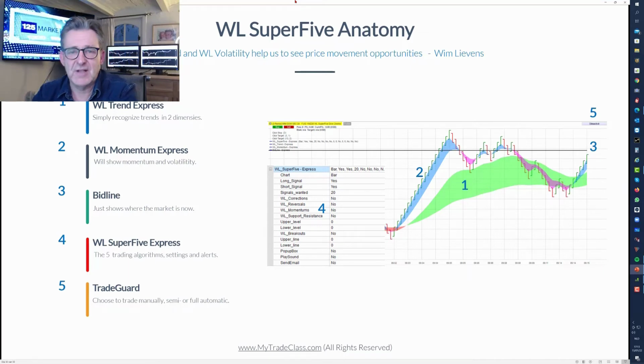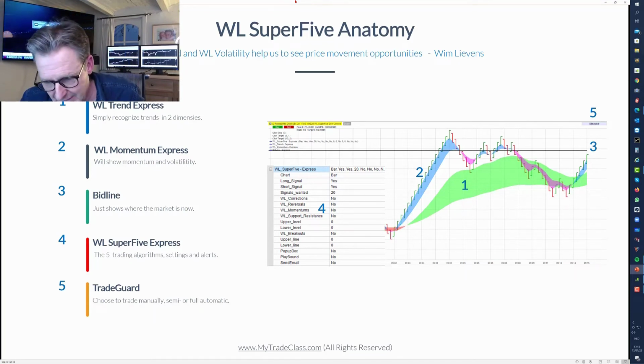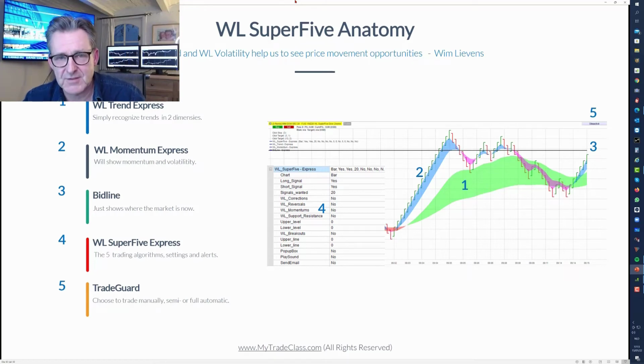The other channel you see is the blue and magenta, and that is the WL momentum. It shows impulse, price movement, price change, and also the relation of this momentum compared to the trend will give us the opportunity to program other signals.